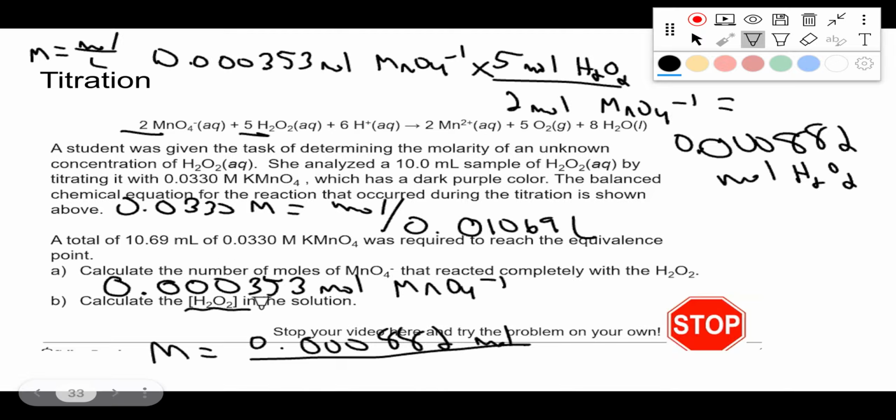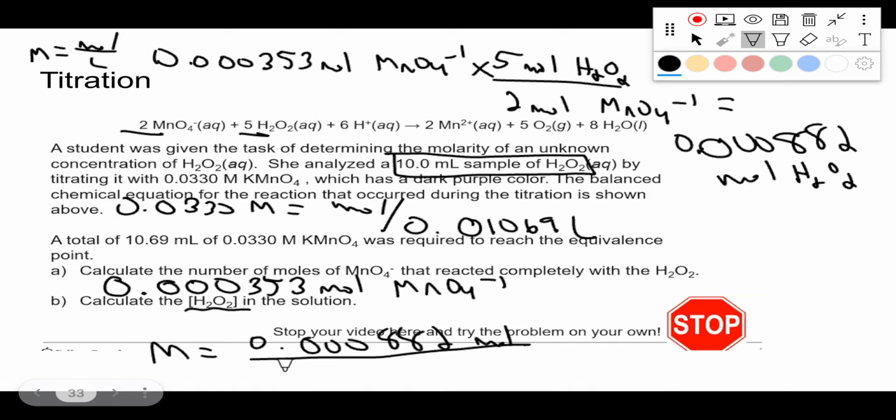It doesn't tell me the volume here. I have to go back to my original problem, and AP does this a lot where you have to pull some numbers from that original paragraph. So it says she analyzed a 10 milliliter sample of the H2O2, and so she used the 10 milliliters of it, and so I'm going to have to convert that. So I'm going to do 10 divided by 1,000.